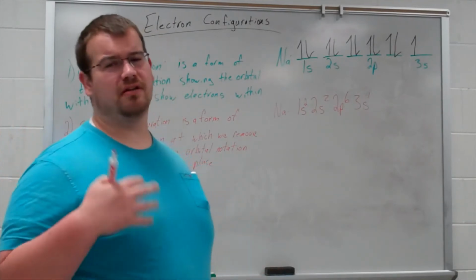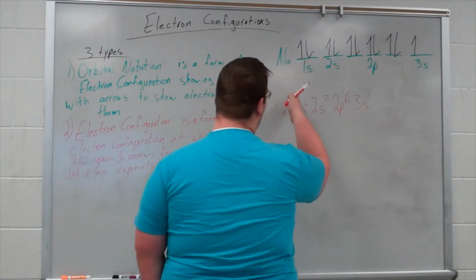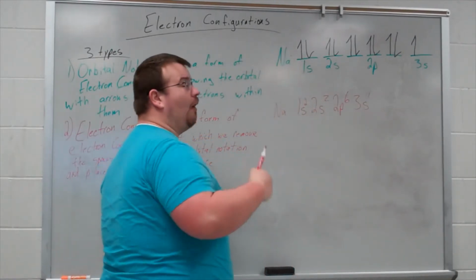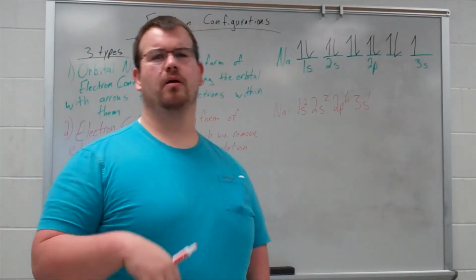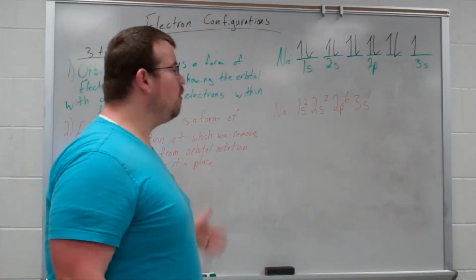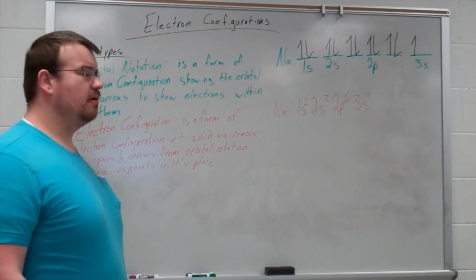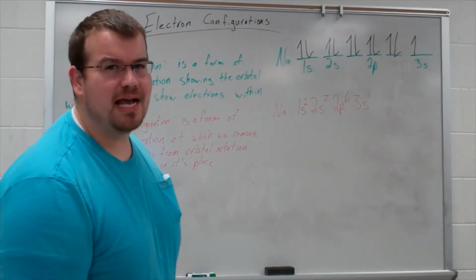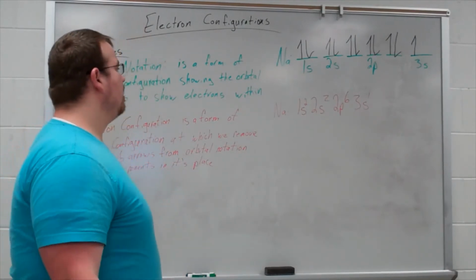I'm not going to ask you to define it and give me a vocab word. I'm going to actually ask you to show me and work with them. I'll ask, give me the electron configuration for barium. Give me the orbital notation configuration of iodine. Give me, well, you haven't learned the third one, but give me the noble gas configuration of krypton. Okay, I'll give them to you like that.